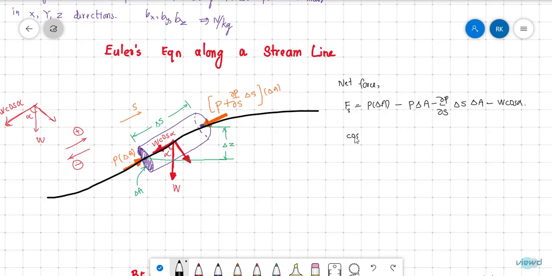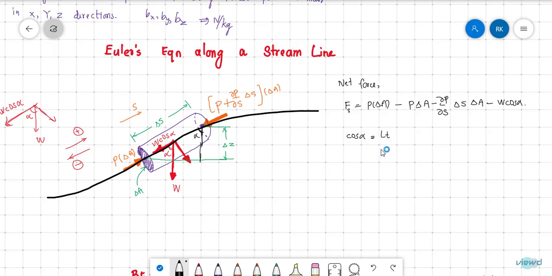And cos alpha can be written as, so if this is alpha, this will also be alpha. So cos alpha is equal to adjacent divided by hypotenuse. Adjacent is delta Z divided by delta S. But this is the exaggerated figure, and fluid particle means infinitesimally small.